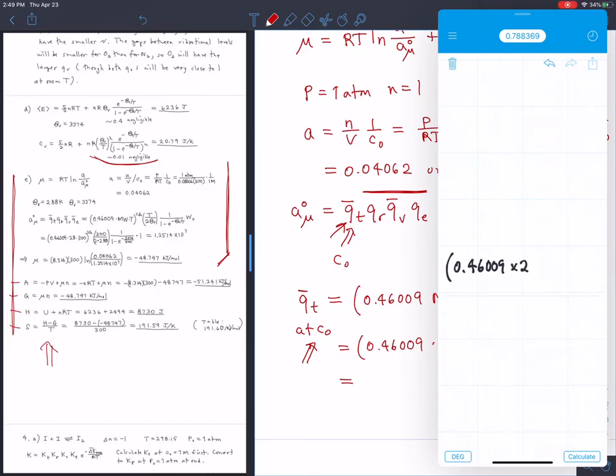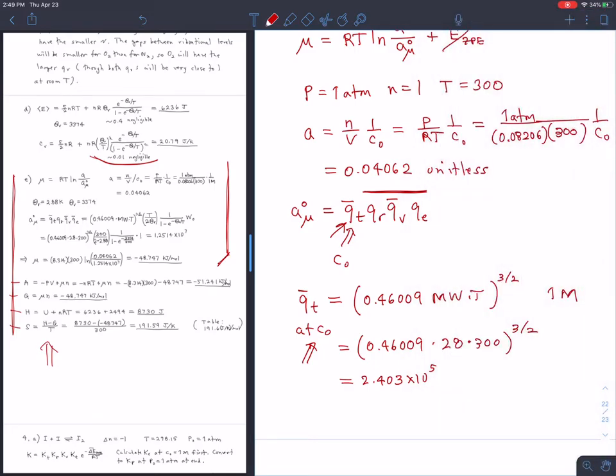0.46009 times 28 times 300 to the 3/2 power, and that is 2.403 times 10 to the 5th for QT.